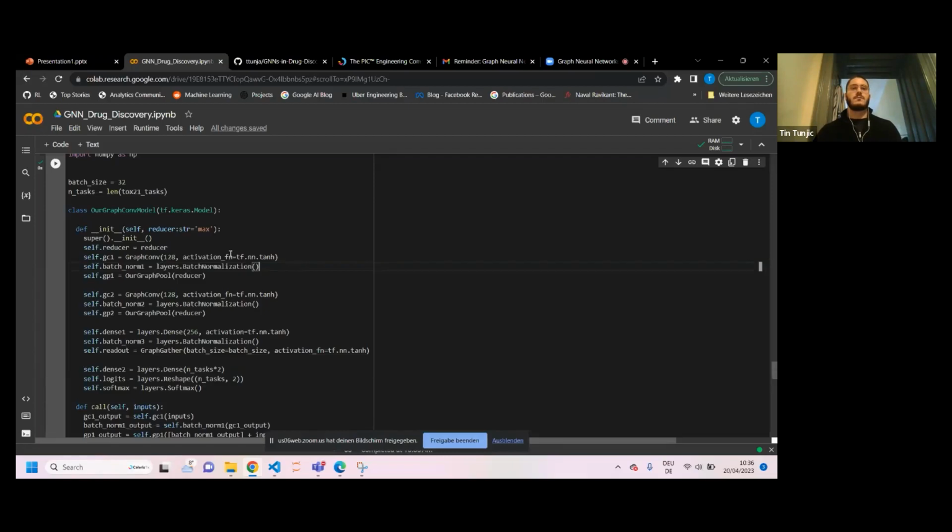And this, as you can see, includes two graph convolutional layers.